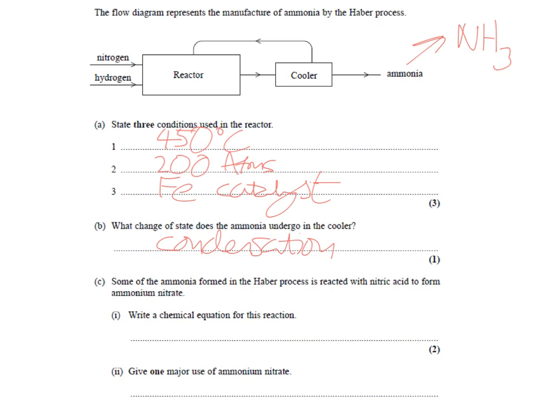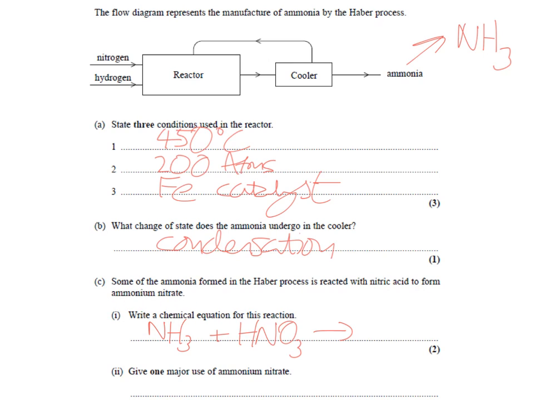And write a chemical equation for this reaction. Now the reaction it's talking about is not what's going on in here, but is the reaction with nitric acid. Now you're going to get absolutely nowhere if you do not know that the formula of ammonia is NH3. You must also know, it's not given to you here, that the formula of nitric acid is HNO3, and they form ammonium nitrate.